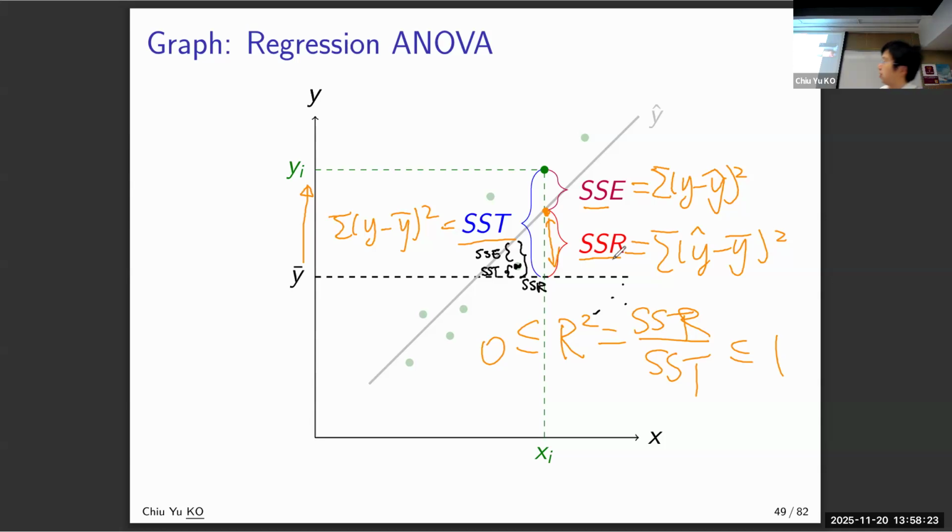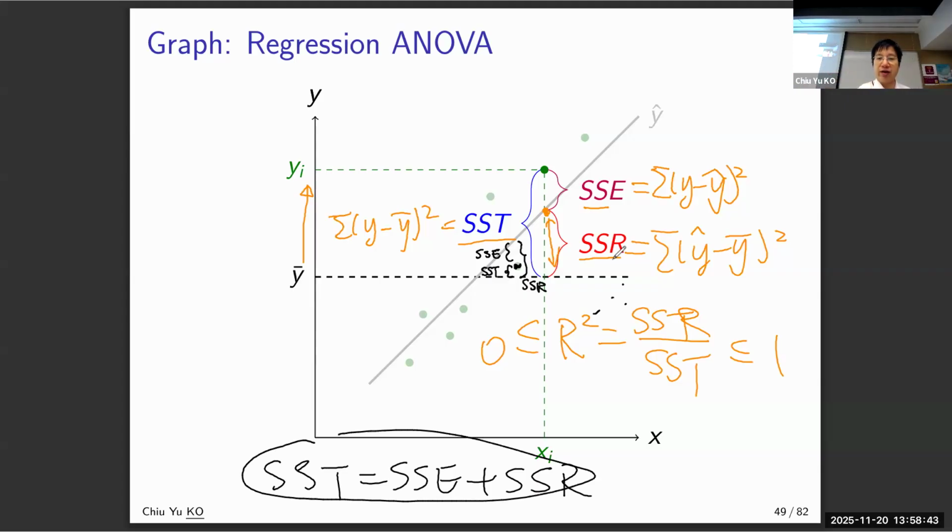But you will ask, if that's the case, why do I have to say SST equals SSE plus SSR? That's a math result, but this must be true. Although in this particular case the distance is smaller, remember you sum the squares of all of them, so this must be true, and it is guaranteed.